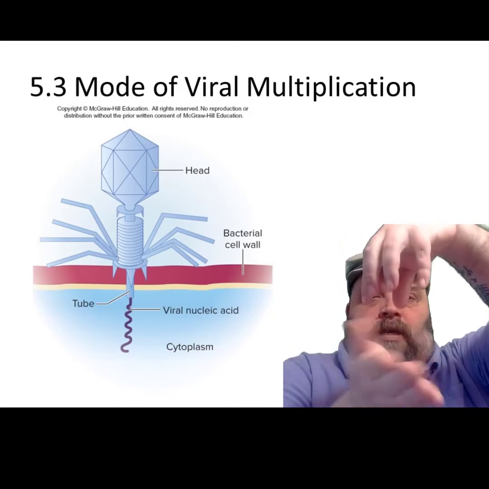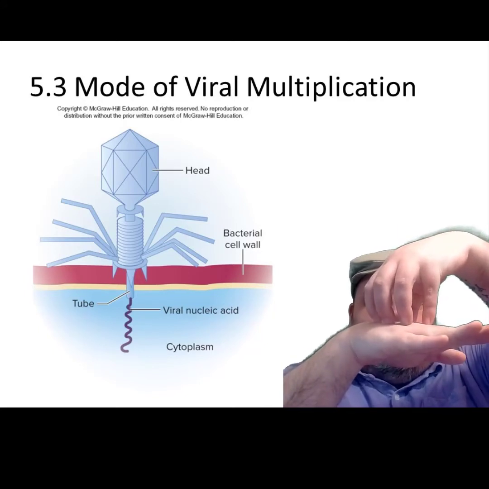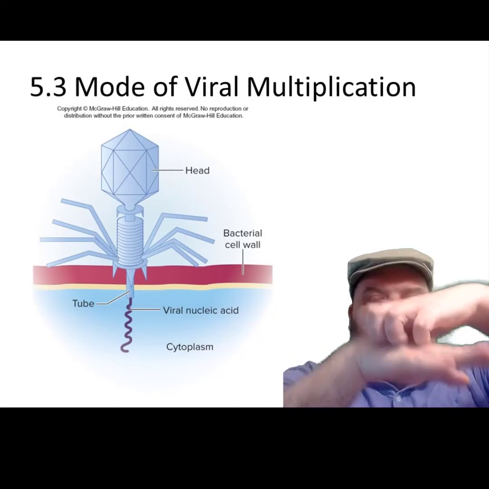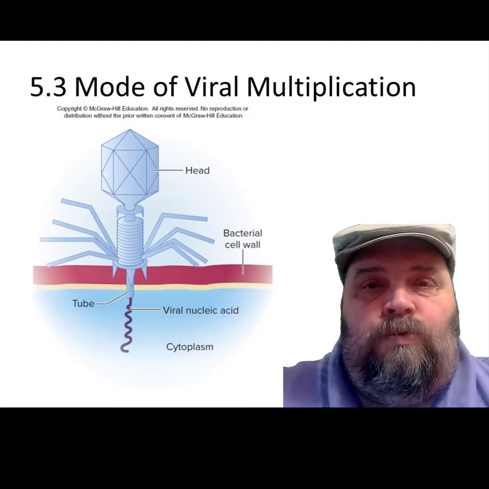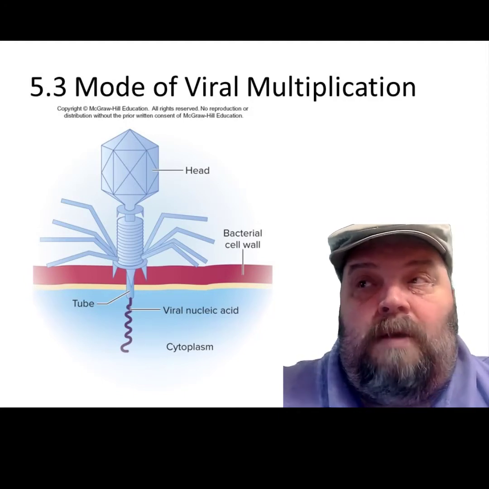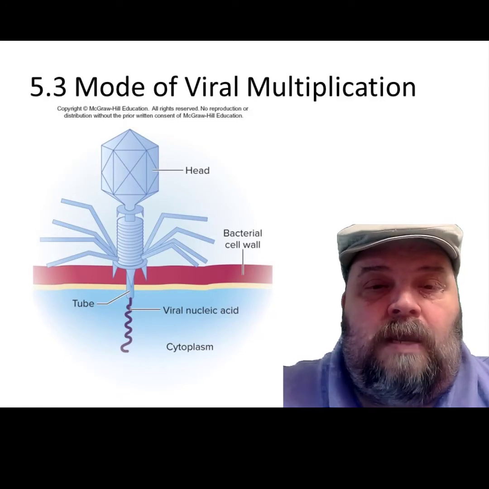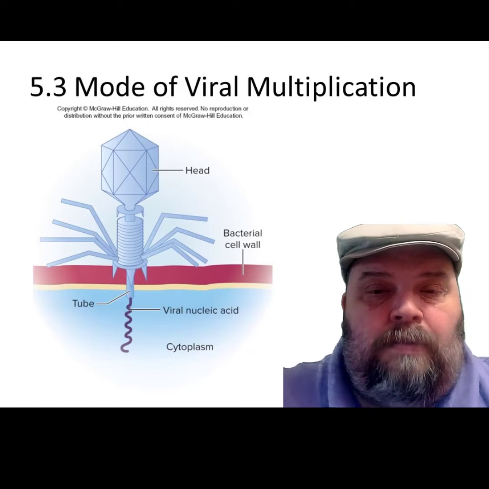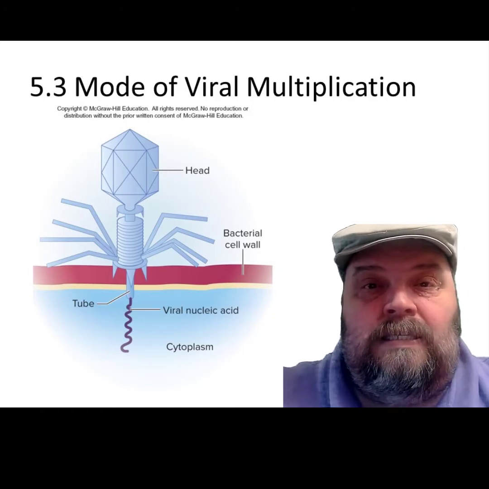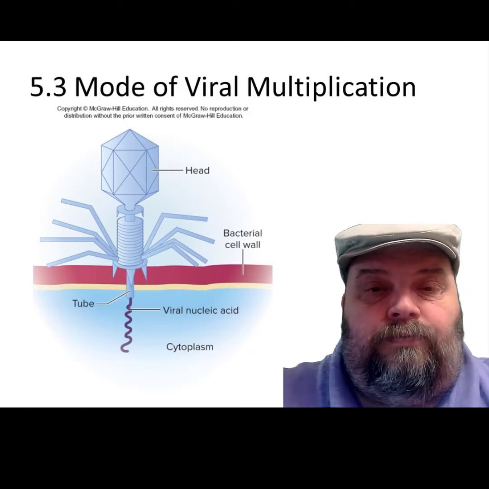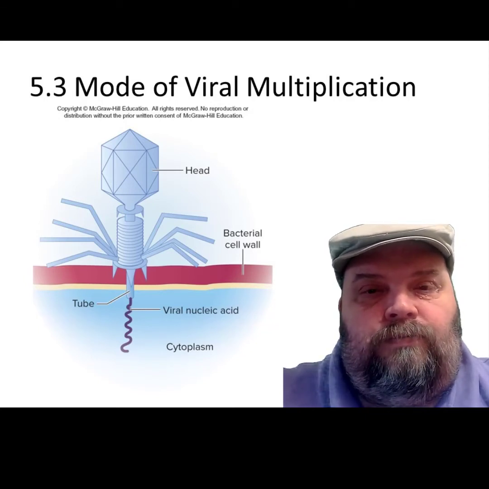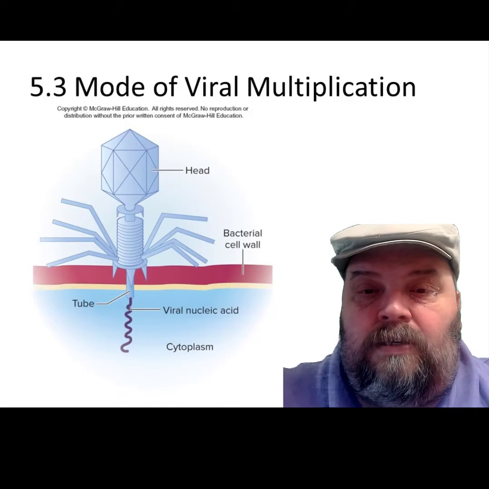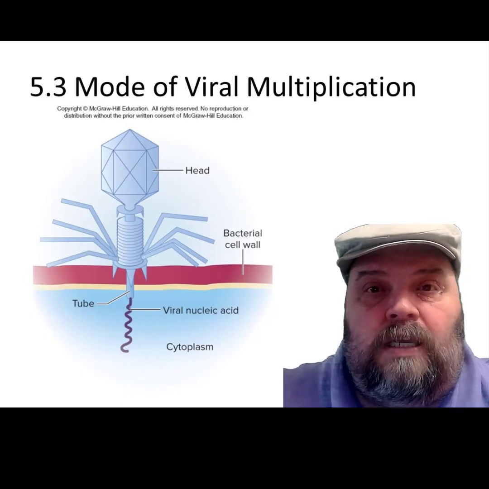It lands on the surface, and then those leg-like things contract down, jamming the sheath, the tube, through the membrane or membranes, whether you're talking gram-positive or gram-negative, through the peptidoglycan cell wall into the cytoplasm, where you get release of the viral DNA. Viral proteins never enter the cell. The only thing to enter the bacterial cell is viral DNA.